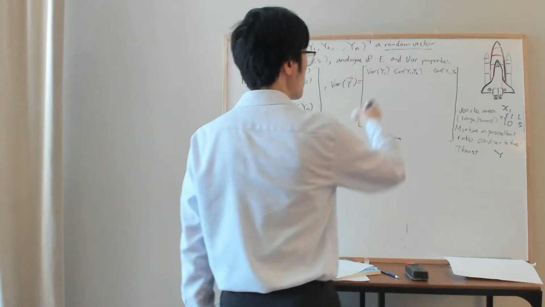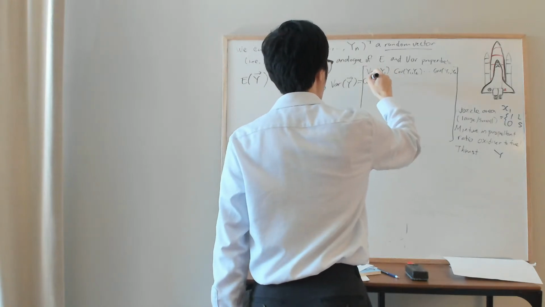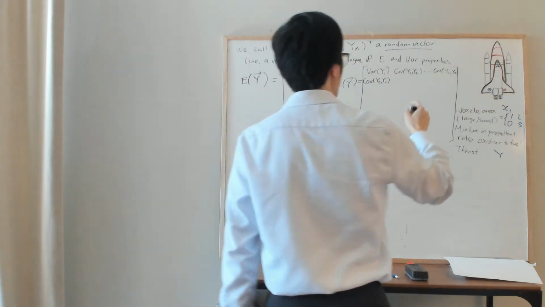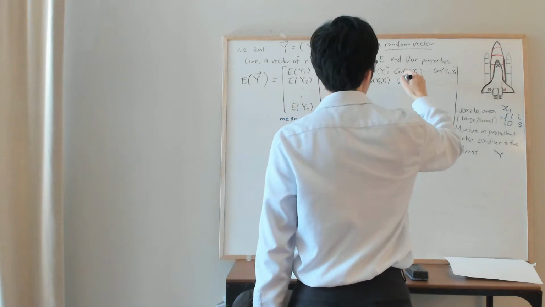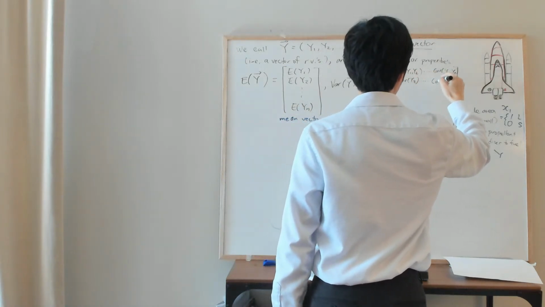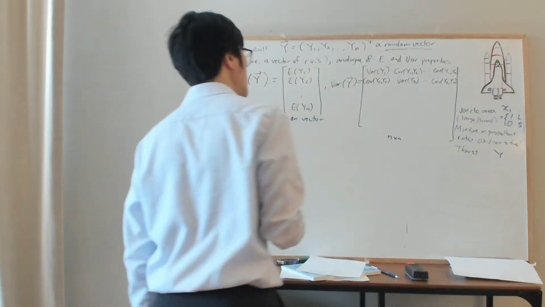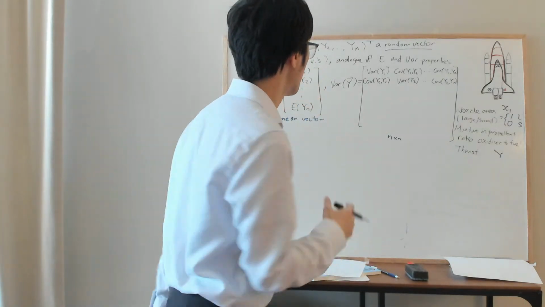For the second row, the first term would be covariance y2 with y1, then covariance y2 with y2, which is just the variance of y2, and finally covariance y2 with yn. That's what each entry of this matrix represents.